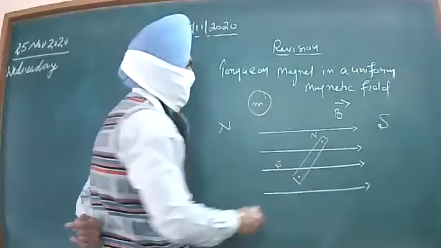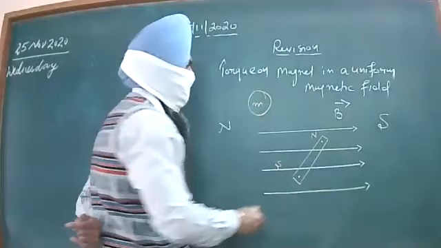Dear students, torque acting on it, tau, is equal to either force multiplied by the perpendicular distance between the two forces. So torque will be equal to m into B into 2L sine theta.